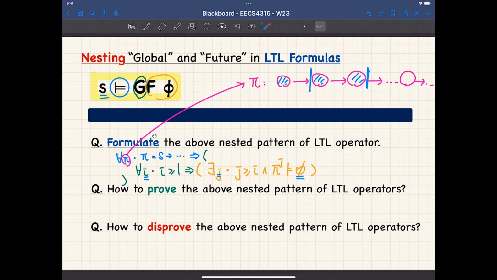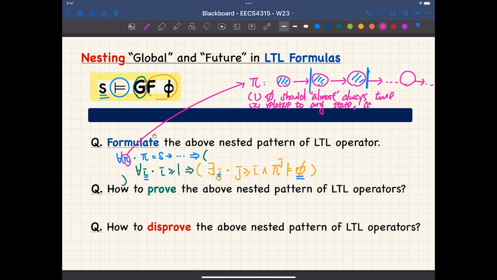Okay, I'll write it down. Phi should almost always be true, relative to any state.